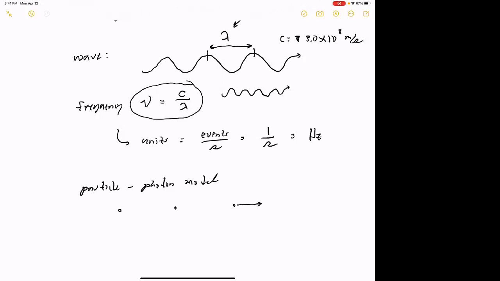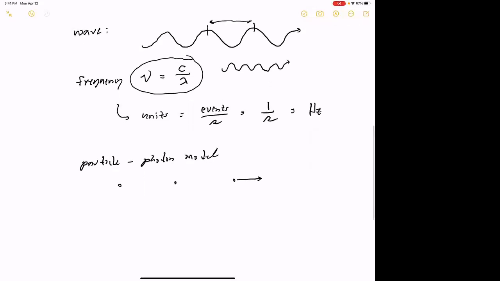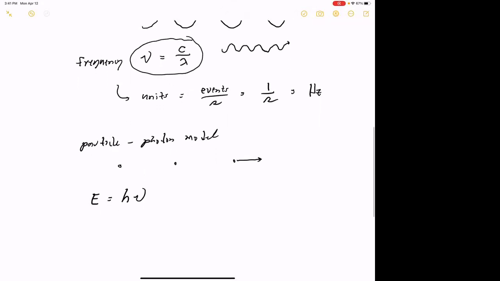So essentially we can say that even though light doesn't have mass, we can treat it as a particle that does have mass. So in terms of an equation here, what we find is that the energy of the photon is equal to another proportionality constant, h, which is Planck's constant, times nu, which is the frequency of the light.